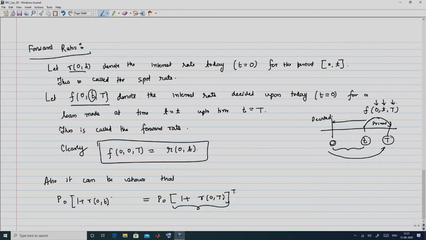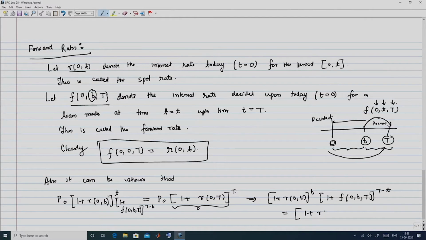Then it grows by a factor of 1 plus R0 small t raised to t, and then from small t to capital T, it is going to go up by a factor of 1 plus F of 0 small t capital T raised to capital T minus small t. So, that is the interest rate from 0 to small t raised to t multiplied by the interest rate using the forward rate from small t to capital T for the period capital T minus small t, which is the same as the growth factor from time 0 to capital T.